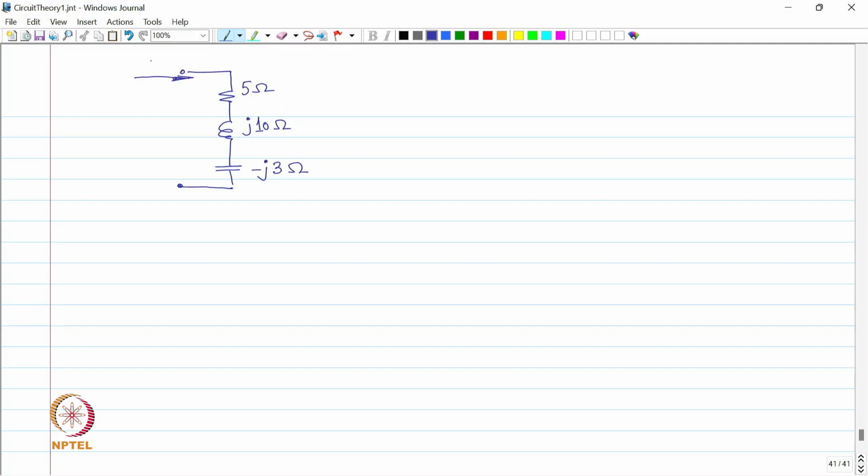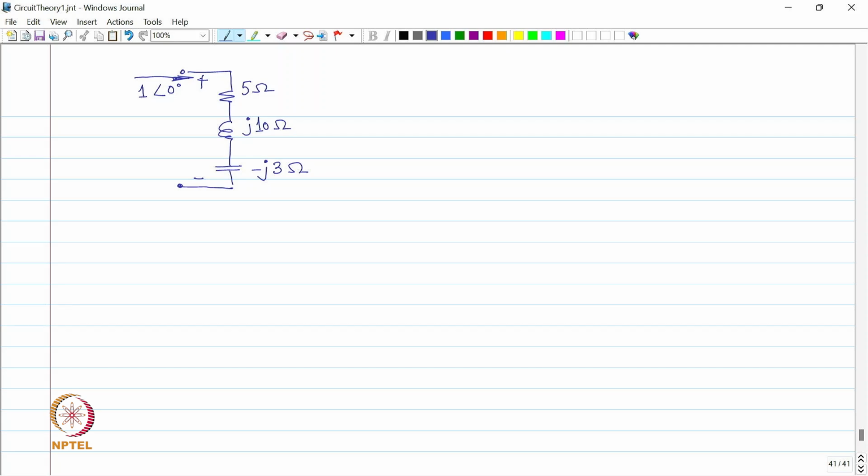Suppose I tell you that this current is 1 ampere, or let us say it is 1 angle 0 degrees. What is going to be the voltage across this combination? Quick way to do it is, you can do it orally, you do not have to think.